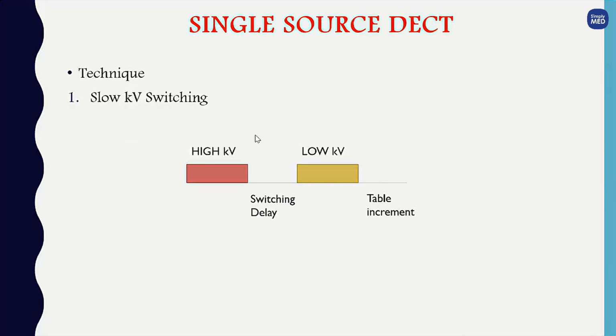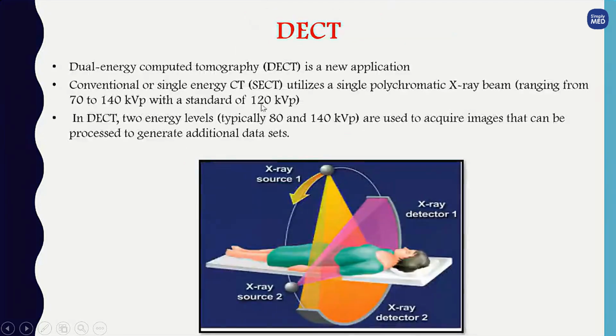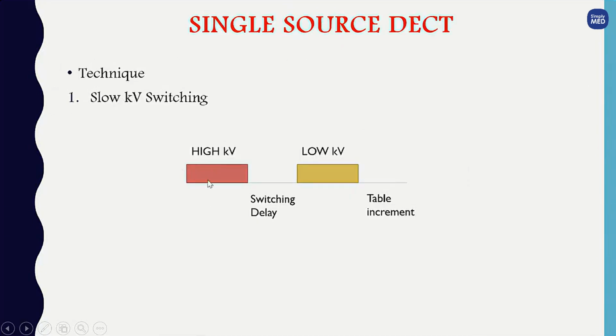So we have two techniques in dual energy CT. One is slow kV switching and another one is fast kV switching. In slow kV switching, this technique is followed only for a single source dual energy CT, where only one X-ray tube produces two energies. The X-ray tube first produces high kV, then after a small delay produces low kV, then the table will move.